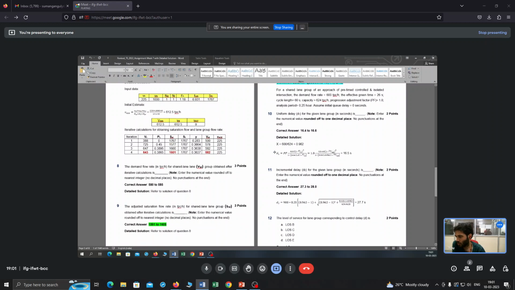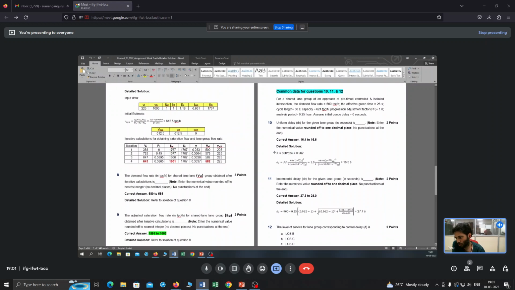Okay, so also in the case of this operational analysis, there is a concept that is not entirely new, but it's kind of new. There is a concept called Q storage ratio, which has been introduced by your HCM 2016.